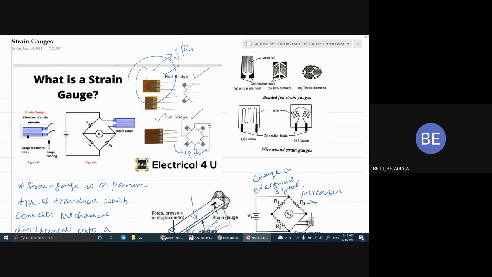In half and quarter circuits, the bridge is completed with precision type resistors. We can get very exact and accurate results by using precise resistors.